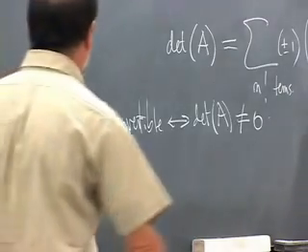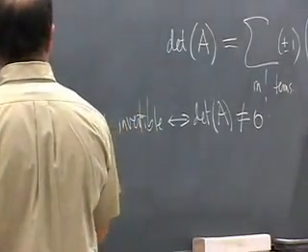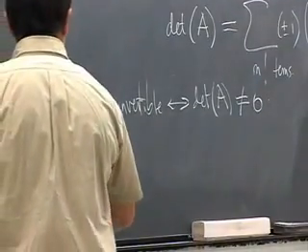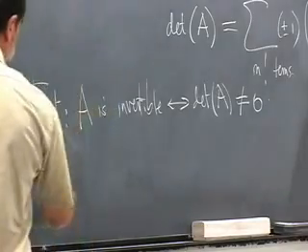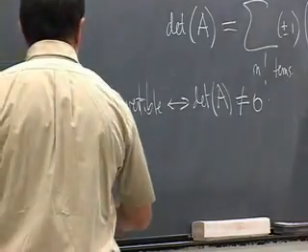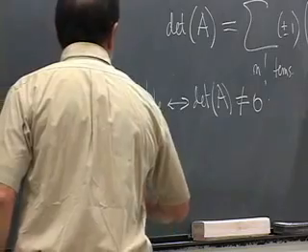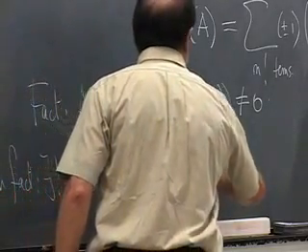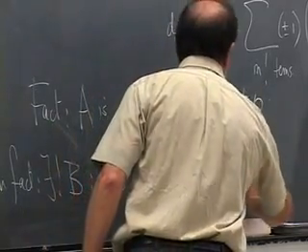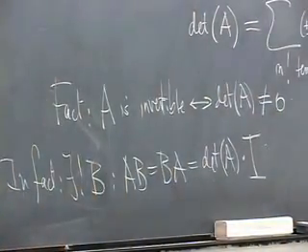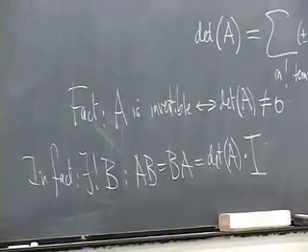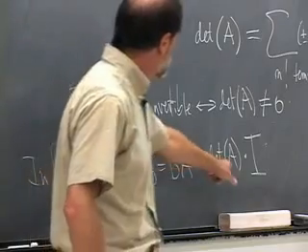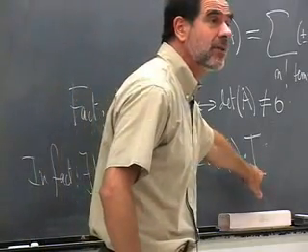There always exists a matrix B such that AB is equal to BA is equal to the determinant of A times the identity matrix. There's always such a matrix. You can't always multiply something to get to the identity, but you can always find a matrix where the product is the determinant of A times the identity matrix.